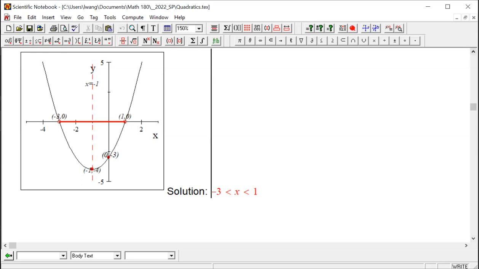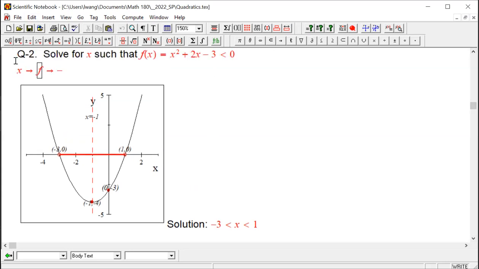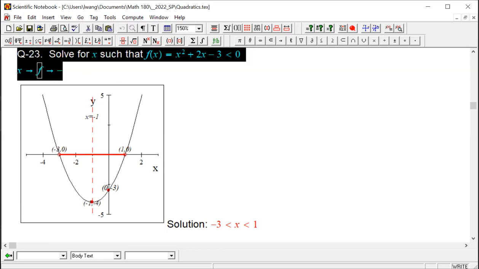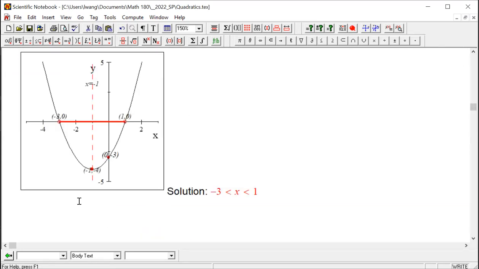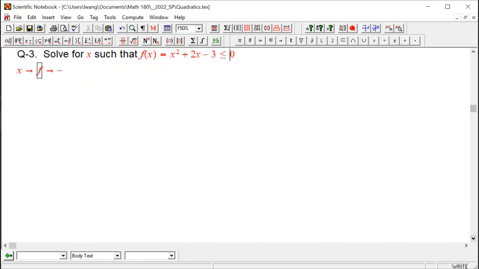And the next question, I think you have guessed it. Okay, this was question number 3, sorry. Question number 4. I want that to be less than or equal to 0.